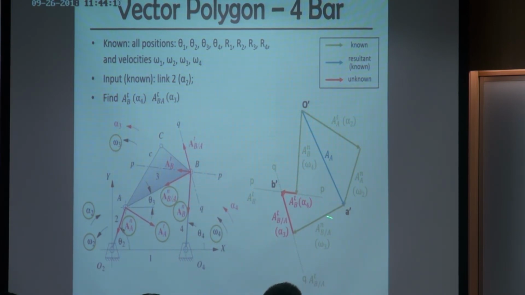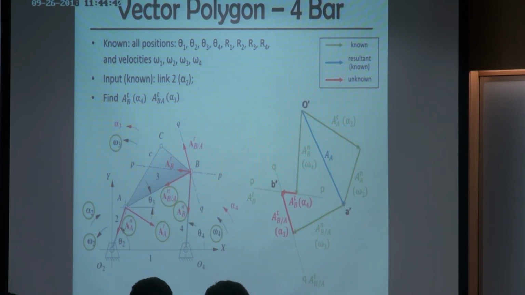So there are more components for the acceleration analysis, but the basic concept is pretty much the same as the velocity analysis. Any question for this one? So currently we found the ABT. If we want to find alpha 4, you can use this relationship.